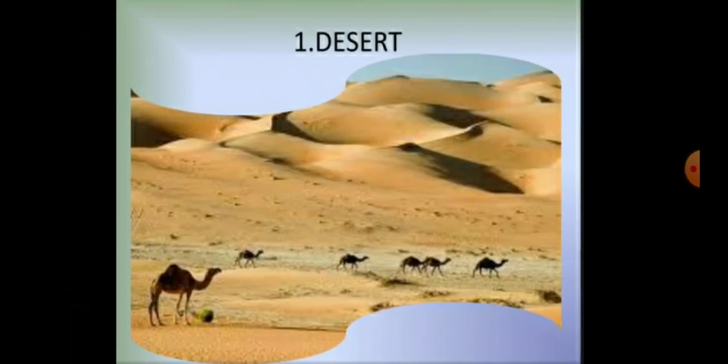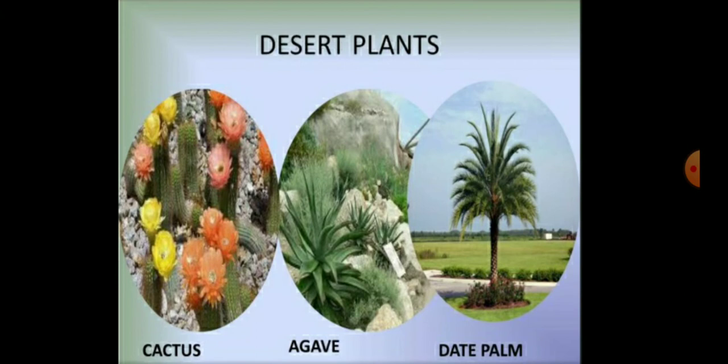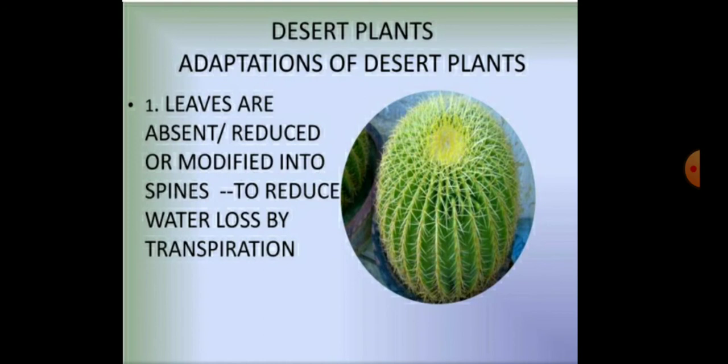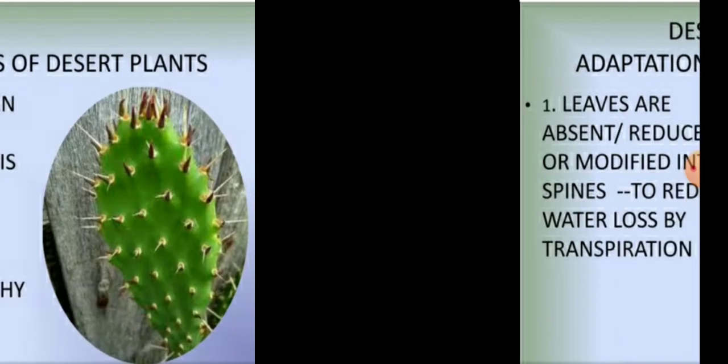Children, you can see in this picture the desert habitat and the camels that are found in the desert, and the desert plants like agave, cactus, date palms. Children, what are the adaptations of the desert plants? The desert plants have leaves that are absent, or reduced or modified into spines to reduce the water loss by the transpiration process.